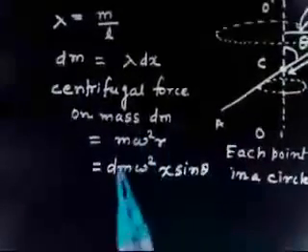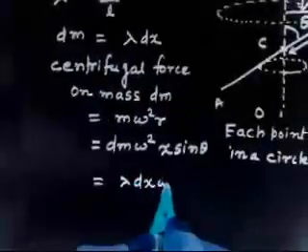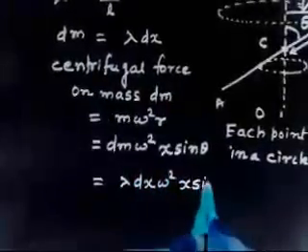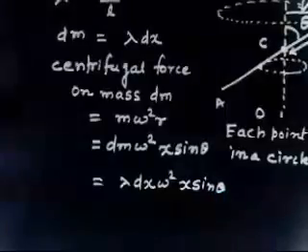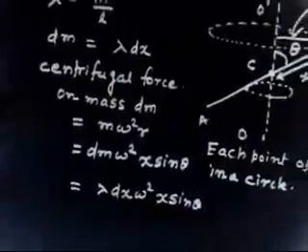If I want, I can put in the value for dm, that is lambda into dx. So this is lambda dx omega square x sin theta. This is the centrifugal force on the small mass.